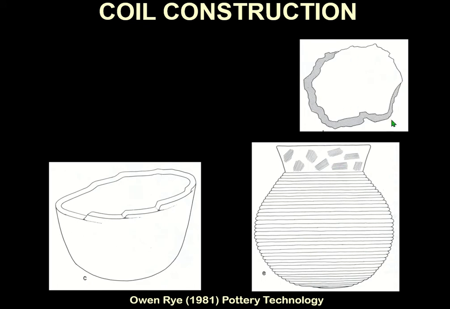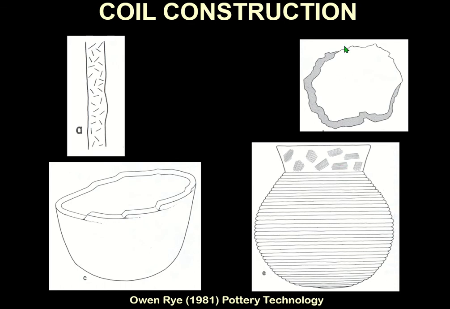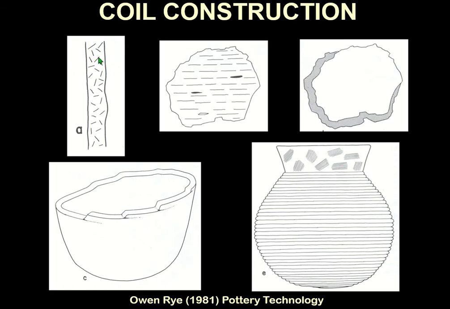Breaks tend to be very random. You will not have any structure in it whatsoever, like in a sherd. The inclusions will be very randomly oriented in the section, but in the profile, looking at the side of the vessel like this, they will be oriented because they've all been coiled in this direction.